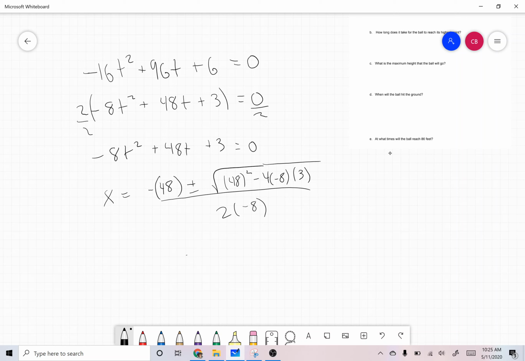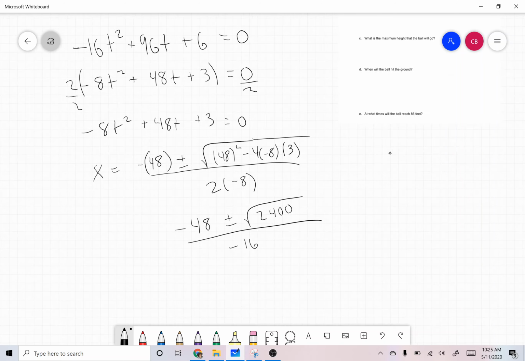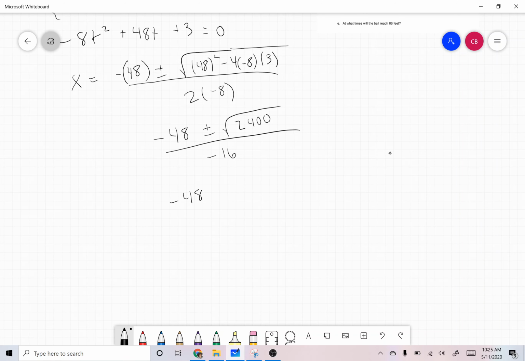Okay, so we have negative 48 plus or minus the square root of 48 squared plus 32 times 3, which is 2400. So plus or minus the square root of 2400, all over negative 16.